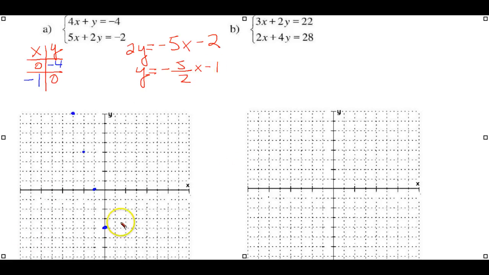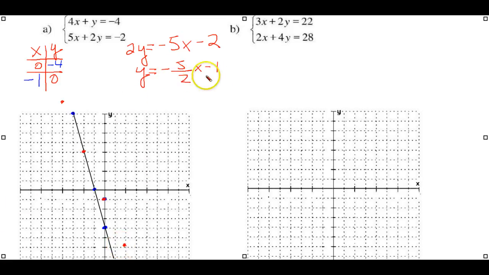Now, to get a nice straight line, I went over to my x and y intercepts here. So it's over 1 up 4, over 1 up 4, over 1 up 4, so I can get a nice line. So I'm going to sketch that in. There we go. Now we're going to do this one.